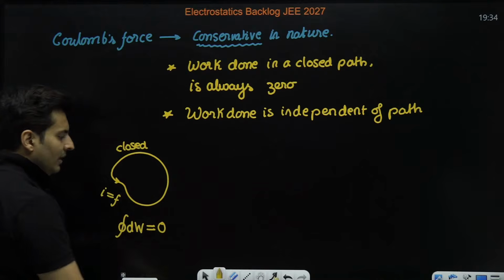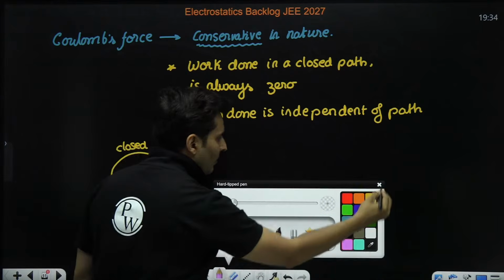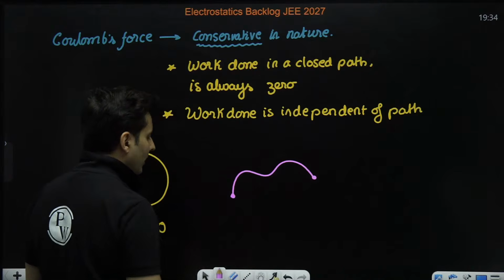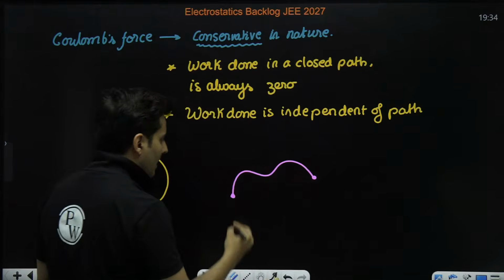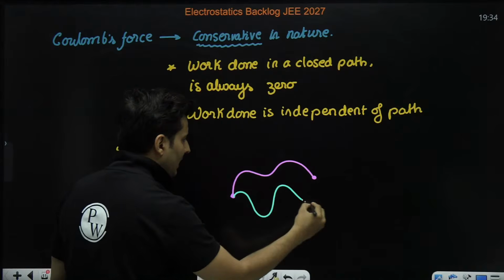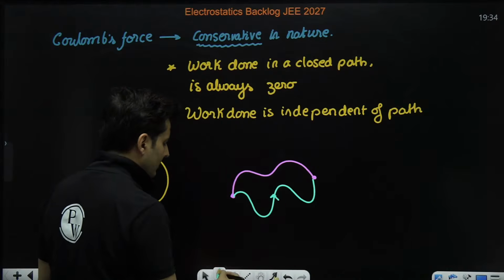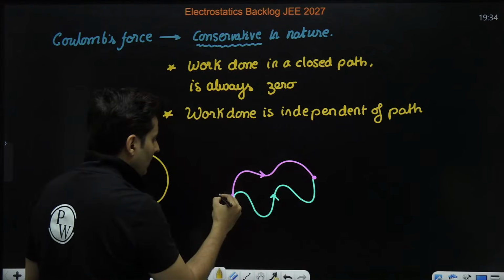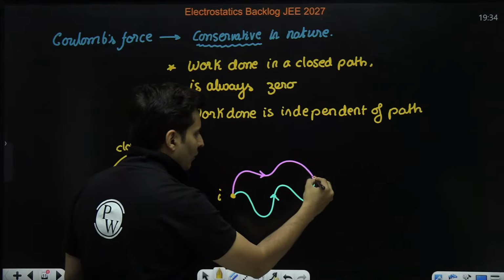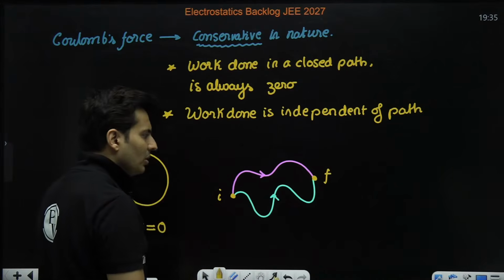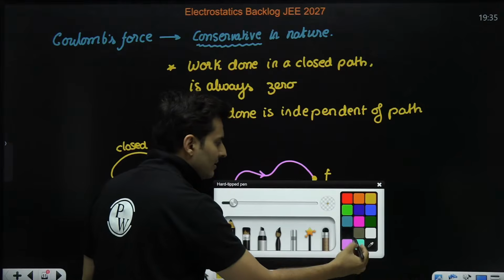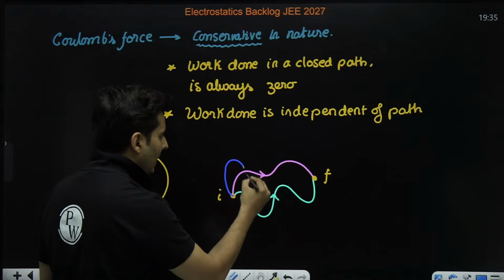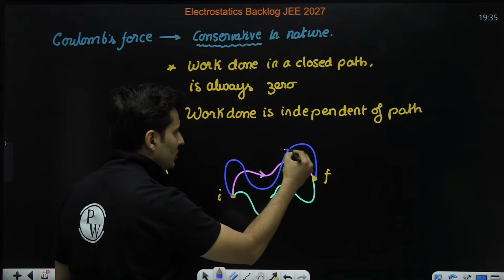The second pointer means, let's say somebody starts from this point and reaches this final point over here, like this. Another person starts like this and reaches the final point over here like this. Can you see the paths taken are different, but the initial location for both of them and the final location for both of them are the same. Somebody else decides, no, I'm going to take a completely different path, and that person goes like this and reaches over here.